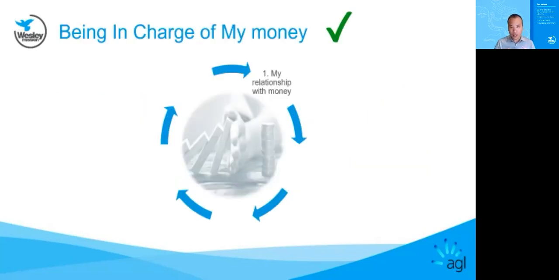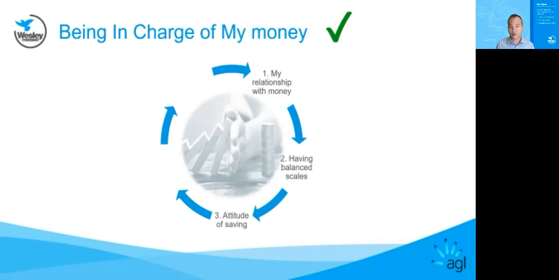So the model for the In Charge of My Money program is built around 5 key areas. First of all, we want to talk about our relationship with money. We all have a relationship with it, similar to how we have relationships with people. We want to understand our scales. Do we have balanced scales? This is talking about how much money comes in and how much money goes out, and is that in good shape?